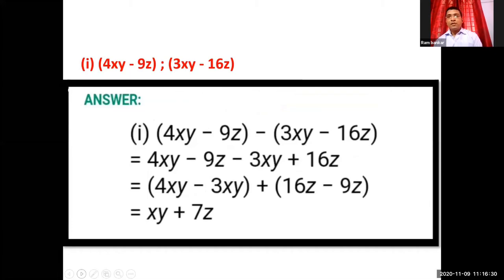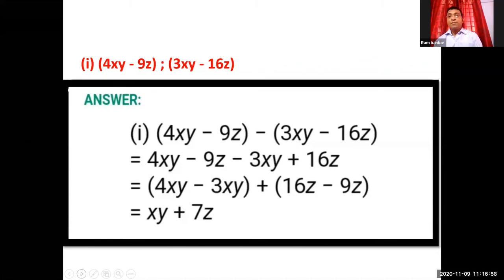Binomial minus binomial. First step: remove the bracket. 4xy minus 9z minus 3xy plus 16z. Why is plus 16z written? Because minus times negative gives positive. So minus positive 16z. Look at the next slide.